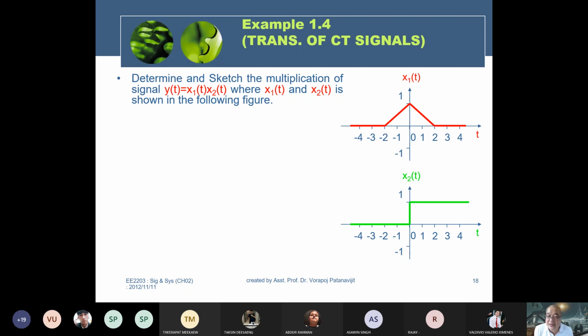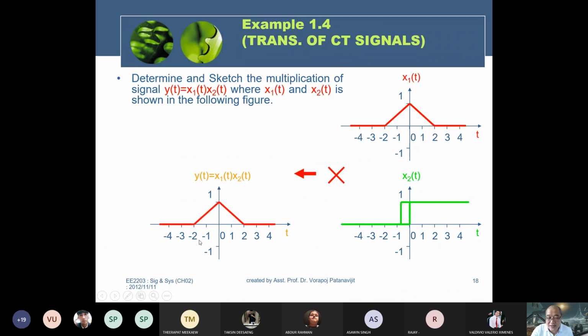If x(t) is here, the graph is shown as the red graph. x1 is the red graph, x2 is the green one. You multiply them. For time less than 0, the green equals 0, and 0 multiplied by anything gives 0. Therefore, for time less than 0, the result is equal to 0.